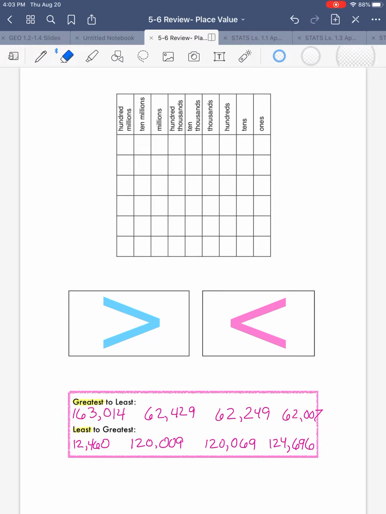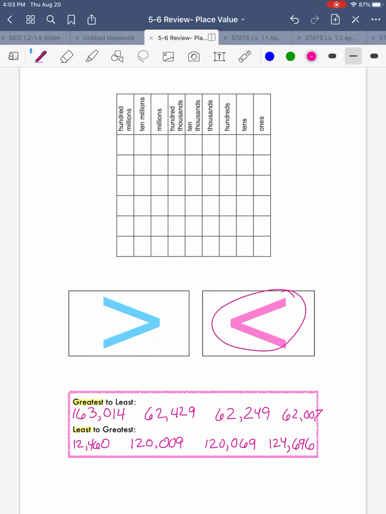So I have a little way of keeping straight how to read them. So this symbol right here, if I were to draw a little curve up to it, it looks a little bit like a G. So when you see the symbol with the wider opening facing this way, that is a greater than symbol, okay?